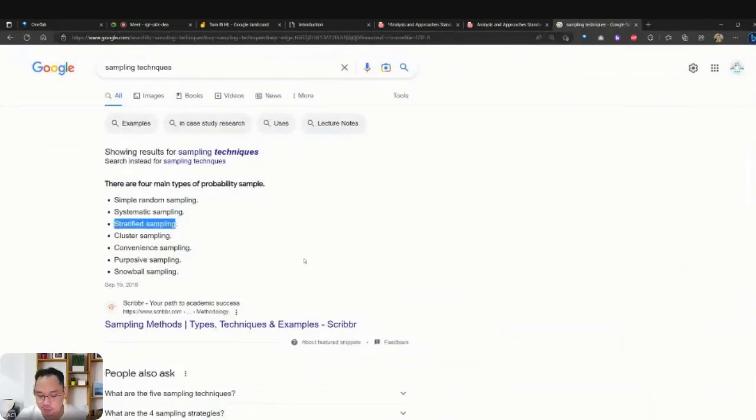It means you have a percentage, a quota, like how many percent of students. For example, in your school, there are 30% of students in grade 10, 30% in grade 11, and 40% in grade 12. So you need to take the sample with a similar percentage.